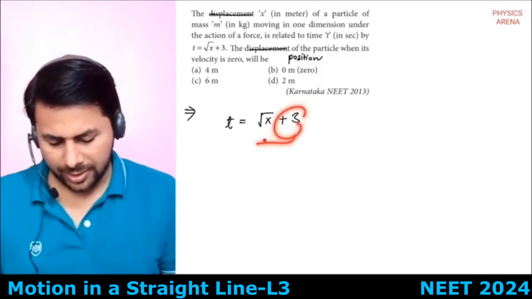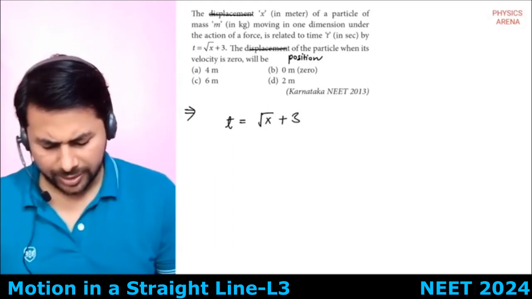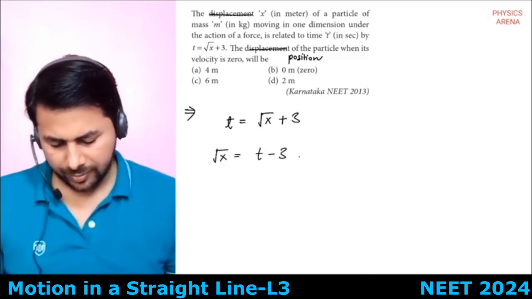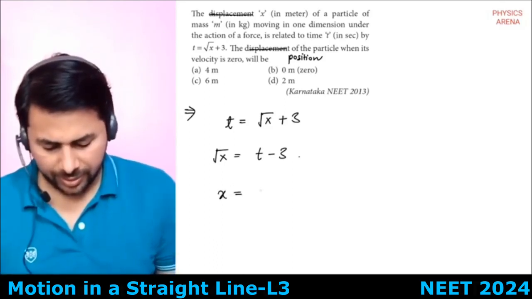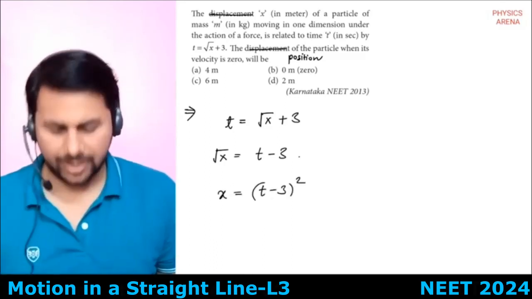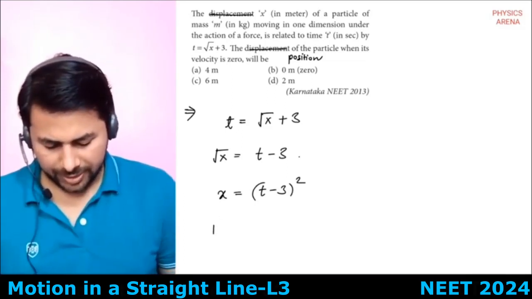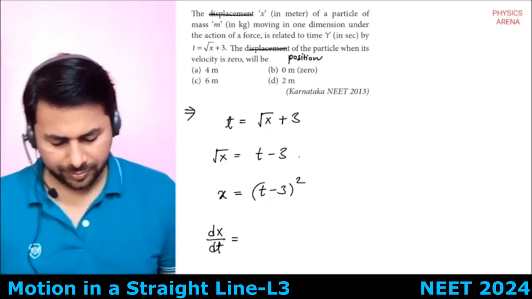So we can take that 3 on the other side. So we'll get root x equals t minus 3, and then we can take square of that. So we get x is equal to (t minus 3) square. Okay, and then since velocity is 0, we have dx by dt equals 0.